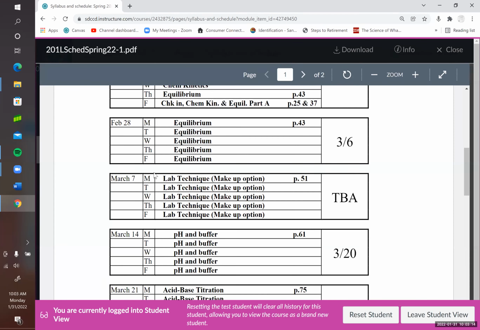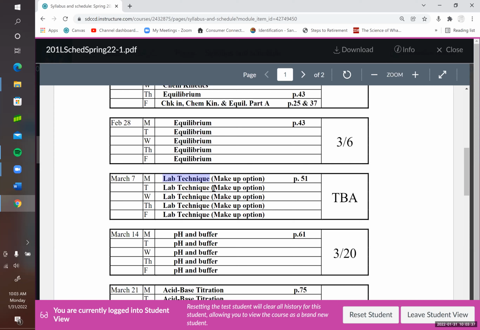And then the next week, we have in there a kind of an online type of lab. It's kind of like the first one that you guys are doing now, in the fact that you don't need to be in the laboratory taking any data.